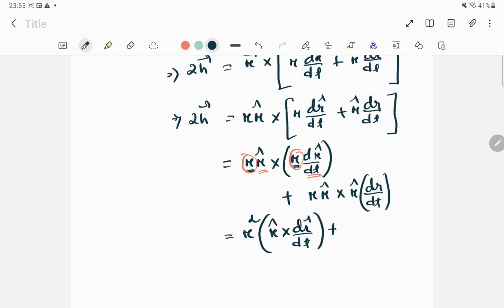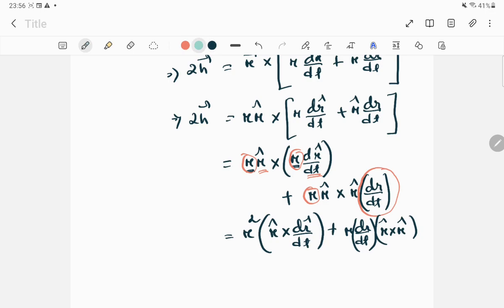Plus, here you can see this is a scalar part and this is also a scalar part, so I will take them out. It is r dr dt. Since this is a scalar part, we are not supposed to follow order. Then the remaining is r cap cross r cap.